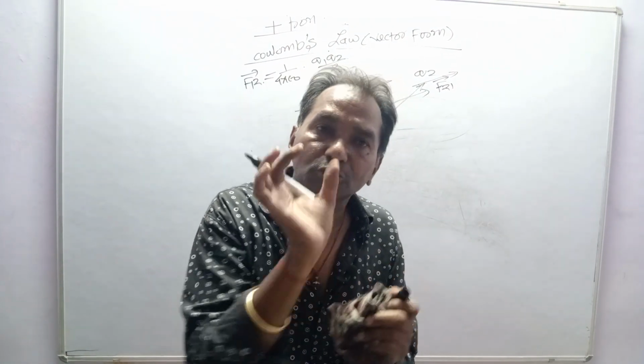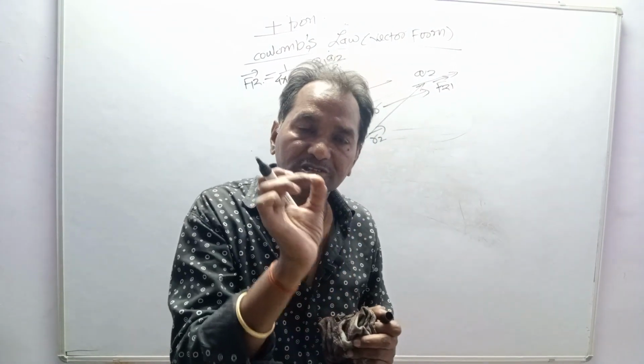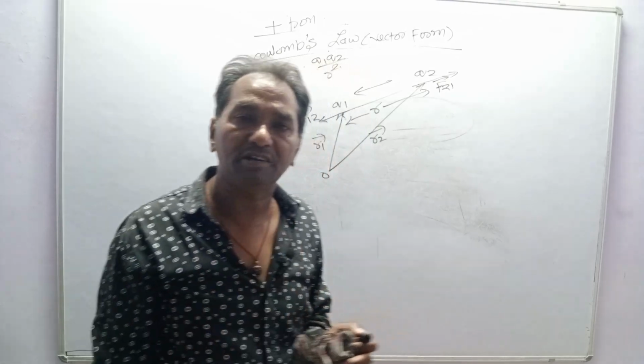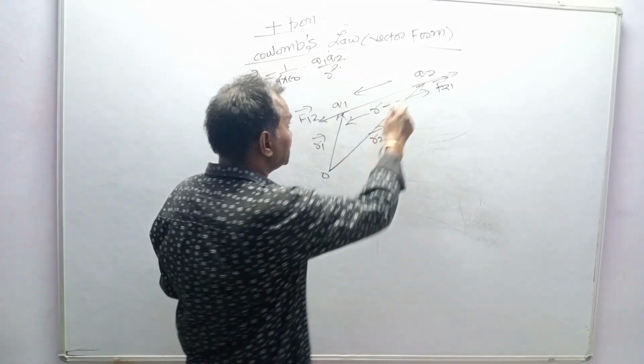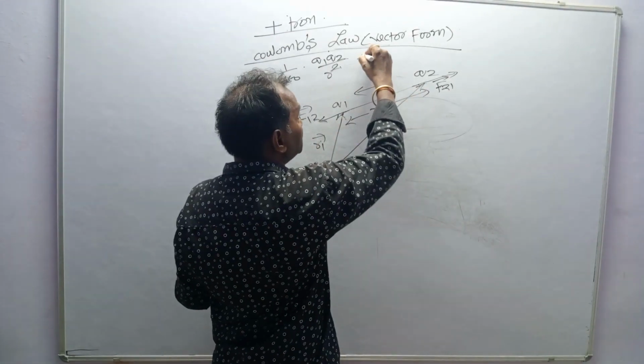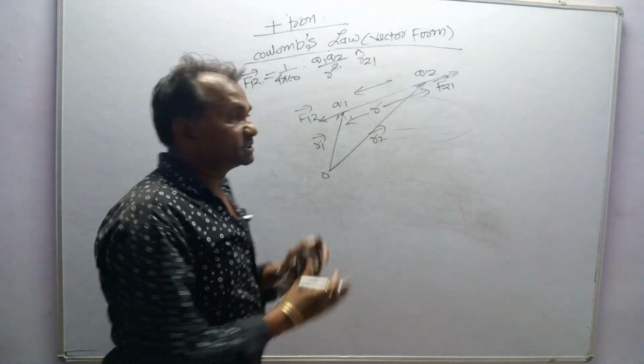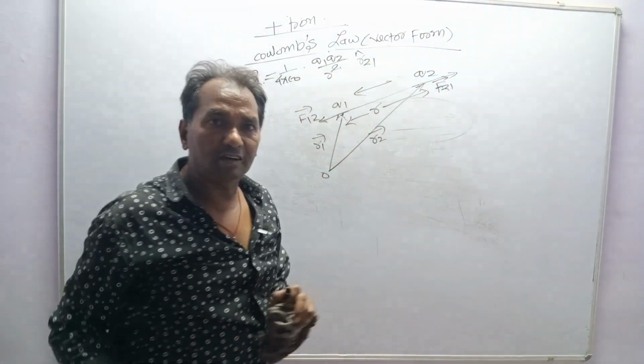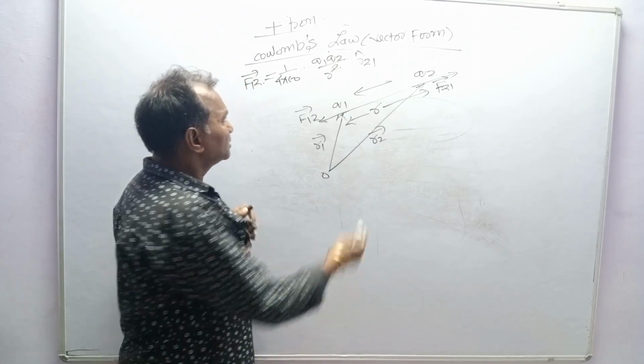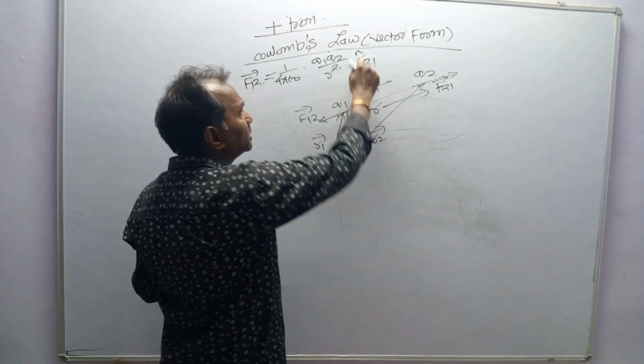I am expressing the force in two parts. The first part consists of the magnitude and the second part consists of the direction. And the direction is from 2 to 1, that is r21 cap. This is the magnitude and this is the direction.